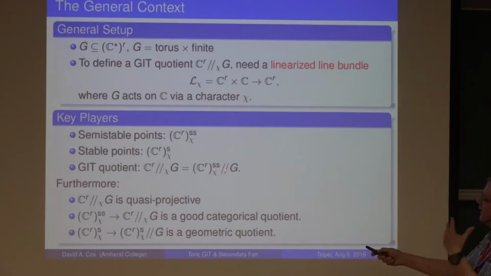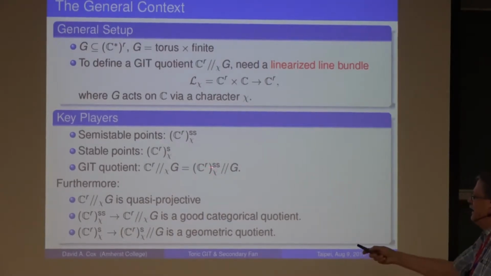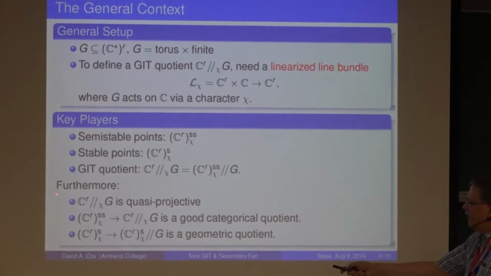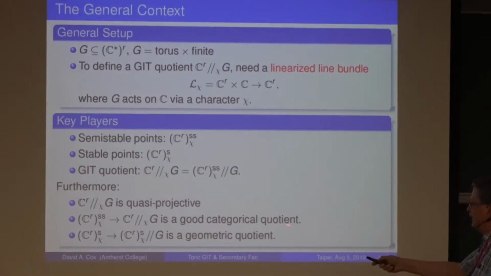You cover this with invariant affines and take rings of invariants and stuff like that. On the semi-stable part, you get a good categorical quotient. And the stable points are much nicer, and there you actually get a geometric quotient.